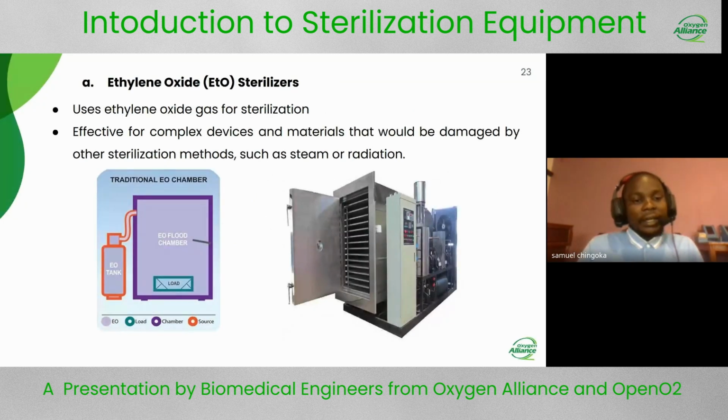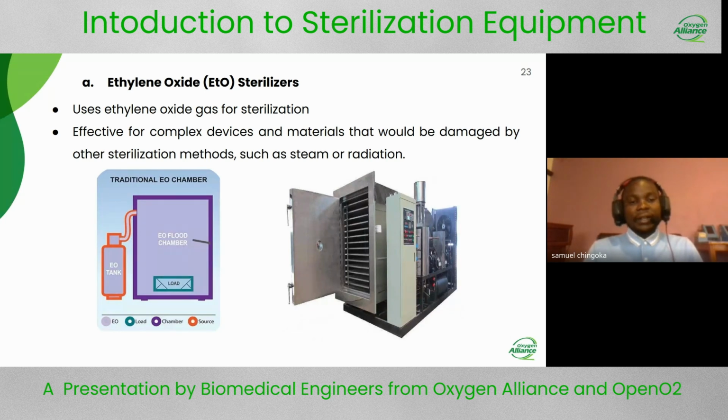Under ethylene oxide sterilizers, we use ethylene oxide gas to sterilize. This one is effective for complex devices and materials that would be damaged under some sterilization methods such as steam or radiation. That is our traditional ethylene oxide chamber where we have the tank and we have our load.